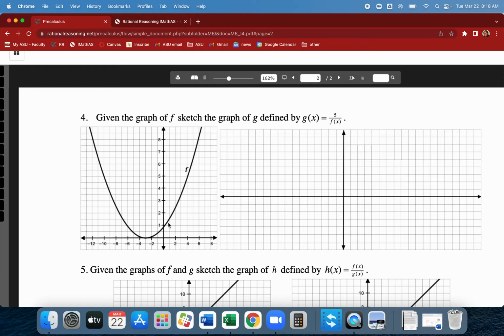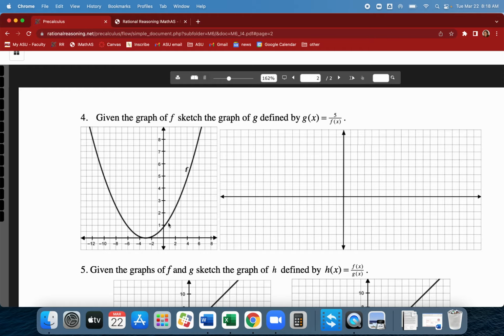Meaning this point, if I didn't have this 5 here, would kind of stay put, and I'd have another point over here that would stay put. And everything between is suddenly going to be large and positive, and everything outside is going to be small and positive. Only, well, I'm going to redeclare that to be 5.